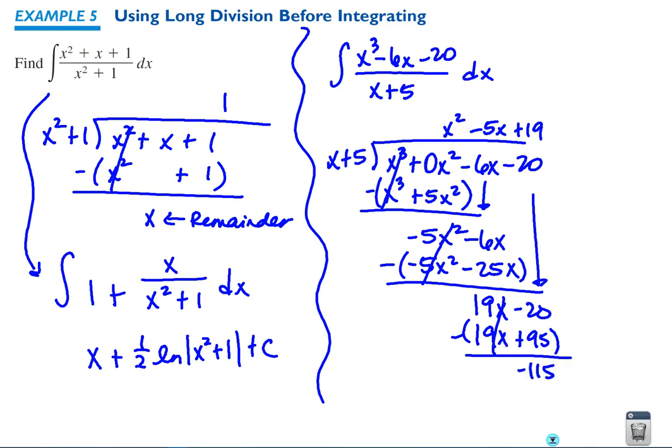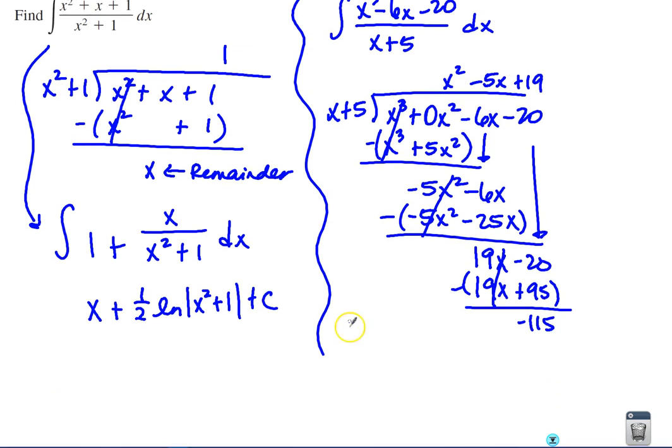So my integral can be rewritten as the integral of x squared minus 5x plus 19 minus 115 over x plus 5 dx.